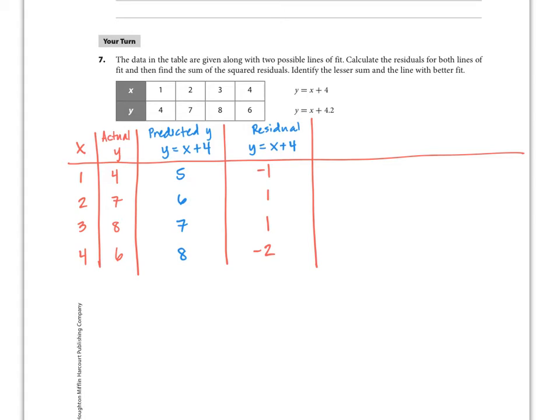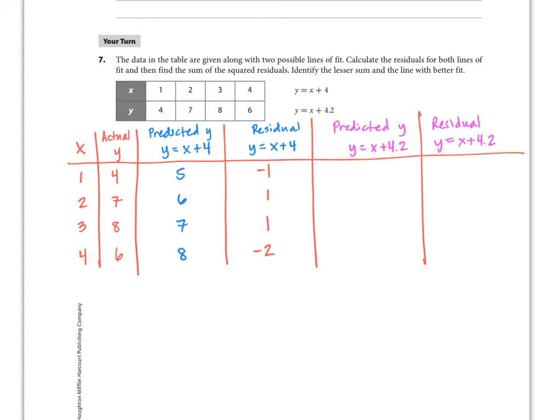Next, we're going to do the other equation. So we're going to do the predicted y value for y equals x plus 4.2. And after that, we'll do the residual for y equals x plus 4.2. So the predicted y value, remember that I am going to use these x values over here way on the left side and plug those into my line of fit equation, the pink one there.